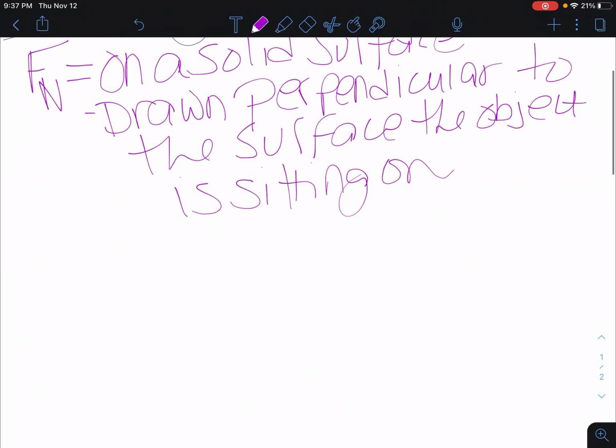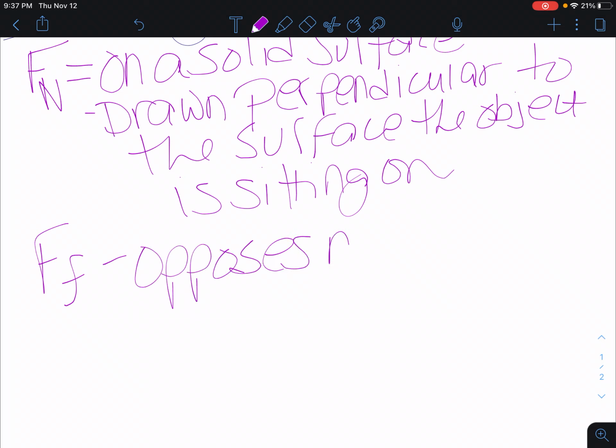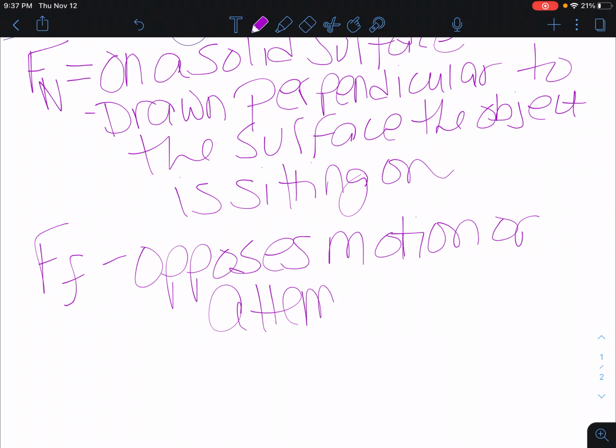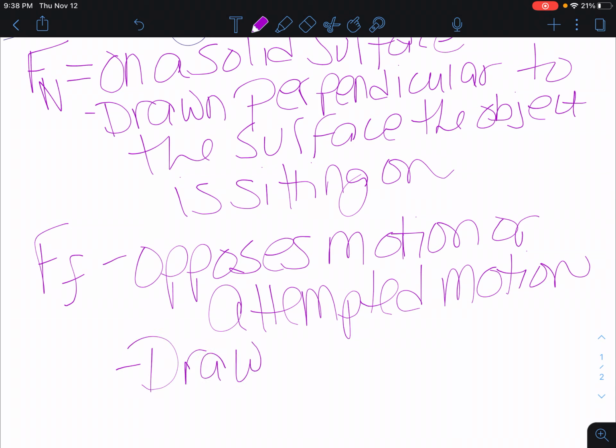All right, next we talked about friction, and friction opposes motion or attempted motion. It is drawn parallel to the surface and in the opposite direction the object is moving.